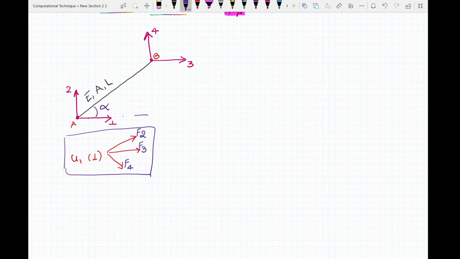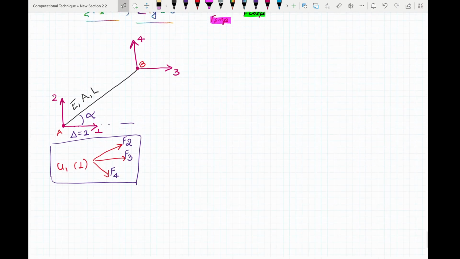Now for case 1, let's say we apply a displacement delta in this direction as equals to u1, a unit displacement. Now due to this unit displacement, what will happen is, if this is the original position of the bar, then if you apply displacement in this direction, your bar will move here like this at this point.